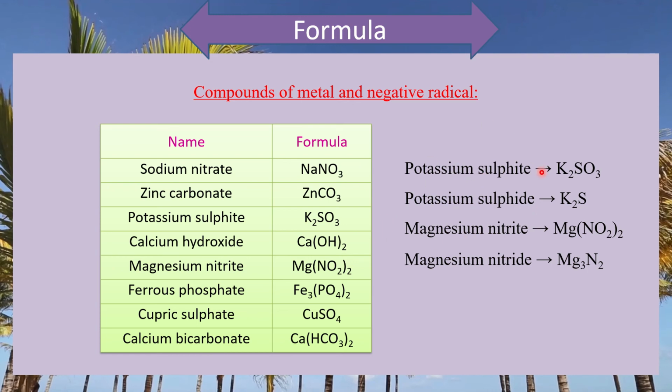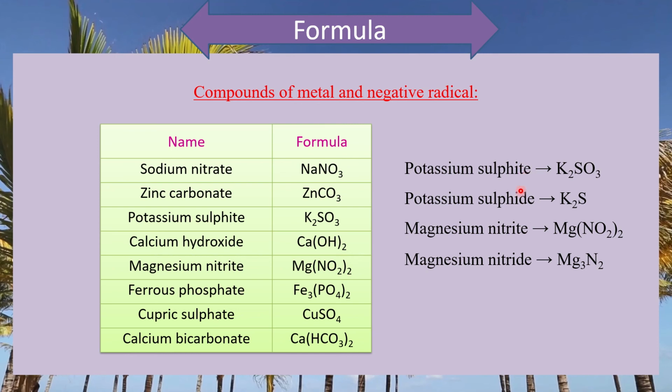When it is potassium sulfite, then it is the compound of potassium and sulfite radical. But when it is the compound potassium sulfide, then it is the compound of metal potassium and non-metal sulfur. Because when the compound is made by a metal and a non-metal, then the non-metal is pronounced or written in this way, IDE.